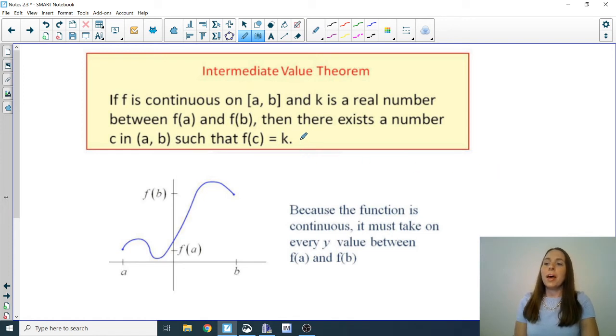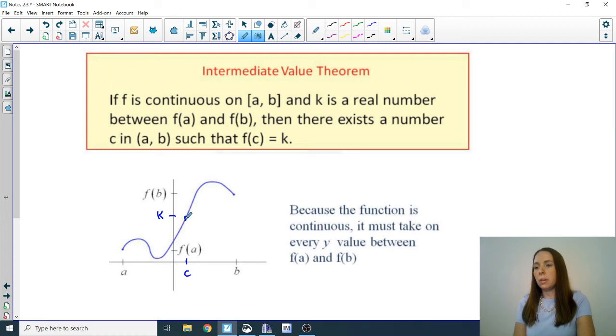All right, anyway, what this theorem is saying, I'm just going to draw a little something on this graph. We have a continuous interval from A to B. And what this is saying is that the y-coordinate k, let's just put k right here, exists somewhere on this curve between A and B. I could put C right here, somewhere where k would fit in between the y-coordinate of the left endpoint and the y-coordinate of the right endpoint.